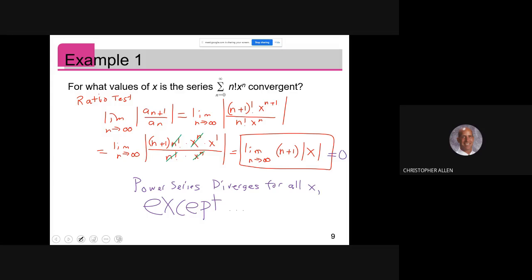Please type your answer in the chat if you know the answer. Don't say it out loud. Just hold your thoughts. I'll give everyone a chance. I wrote that this power series diverges for all x except. There you go, Gavin. That's exactly right.